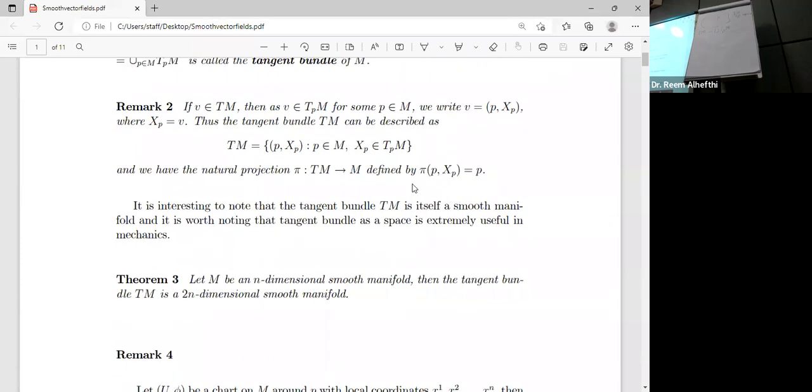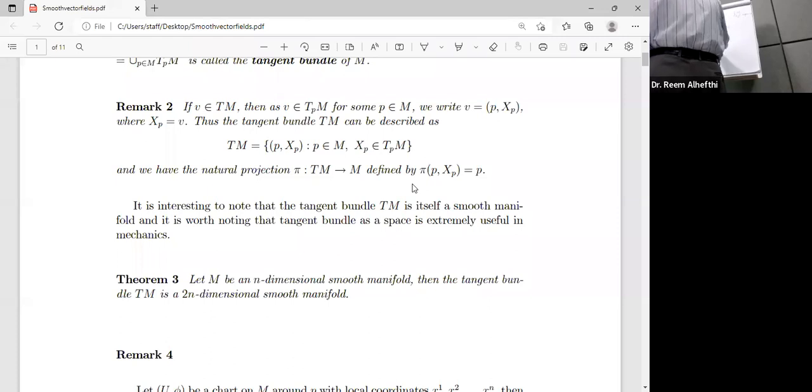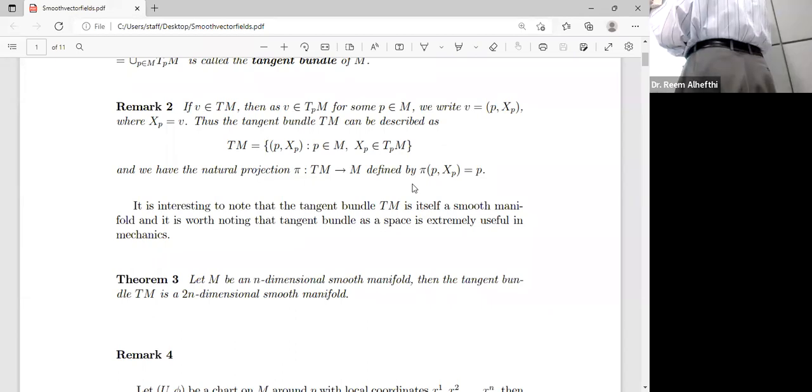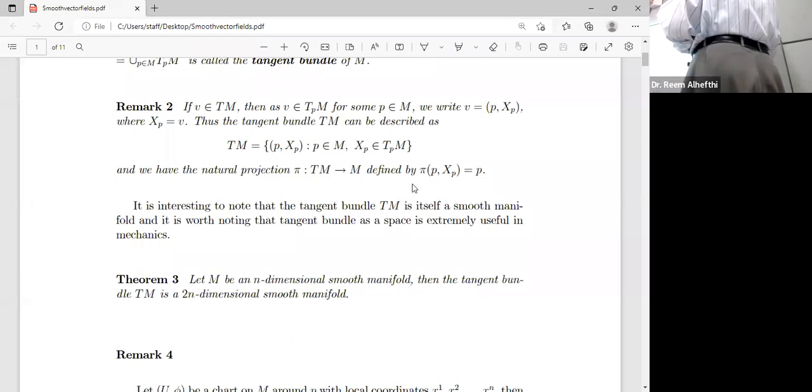Therefore, you have a natural projection. Since p is in the manifold and Xp is in the corresponding tangent space, the projection sends (p, Xp) to the point p.